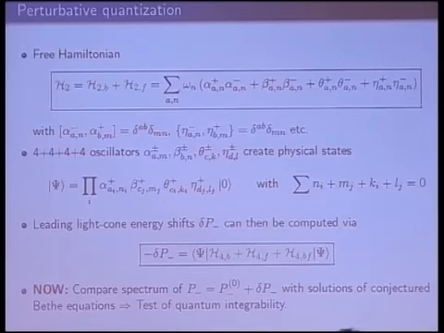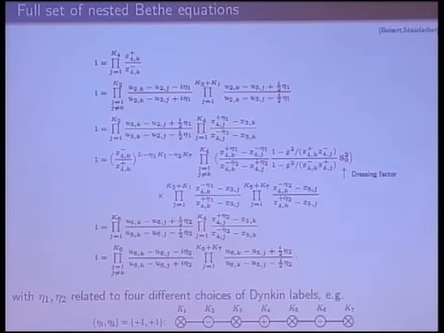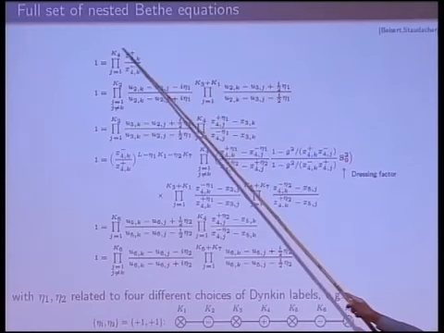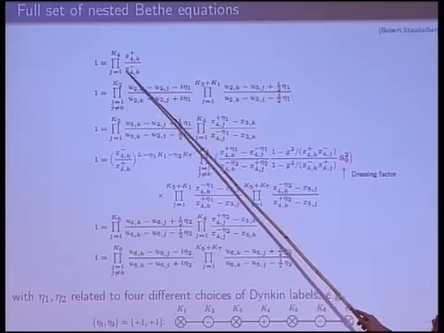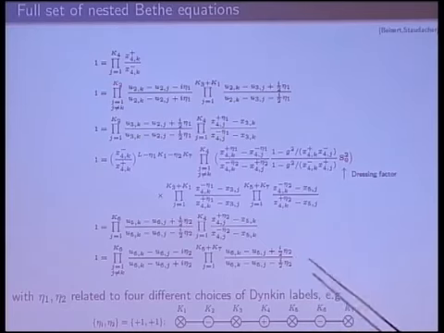Right. So this is what I want to discuss now. So here is the full set of beta equations, which never fits on one transparency. You always have to use tiny font size to get it on. So this is due to Beisert and Staudacher. This up here is the total momentum vanishing condition, and then you have this nested set which is spelled out here in its full glory.